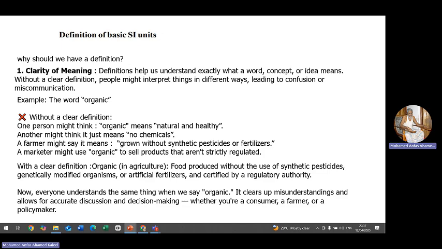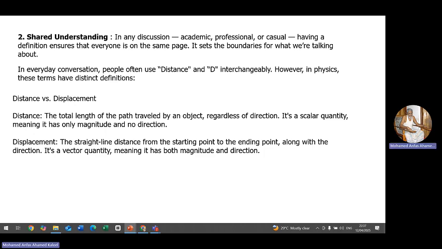The second reason for having a definition is shared understanding. What do we mean by shared understanding? In any discussion, academic, professional, or casual, having a definition ensures that everyone is on the same page. It sets the boundaries for what we are talking about.